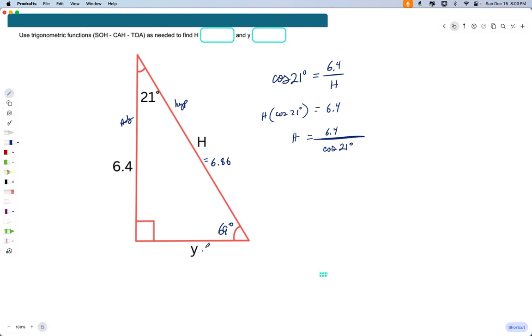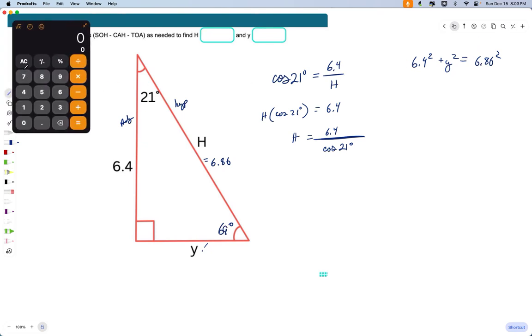So we've got 6.4 squared plus y squared is equal to 6.86 squared. All right, that's a lot of decimals. 6.4 times 6.4, 40.96 plus y squared. And then we've got 6.86 times 6.86.